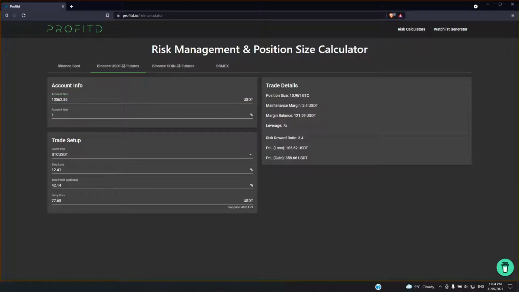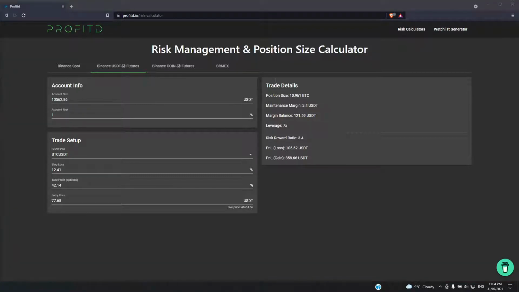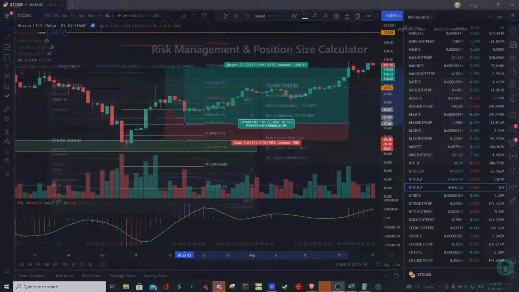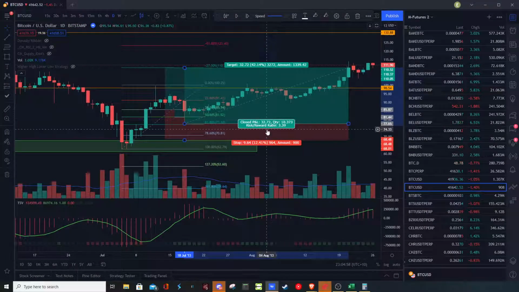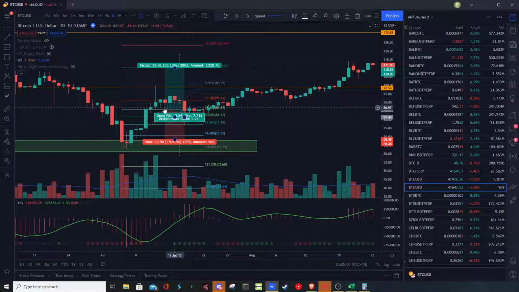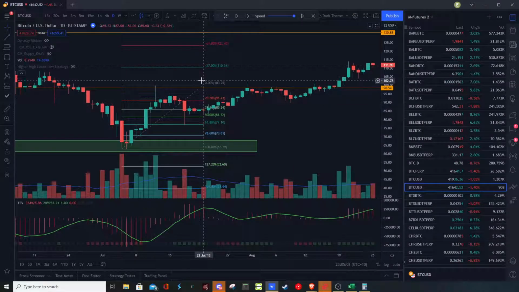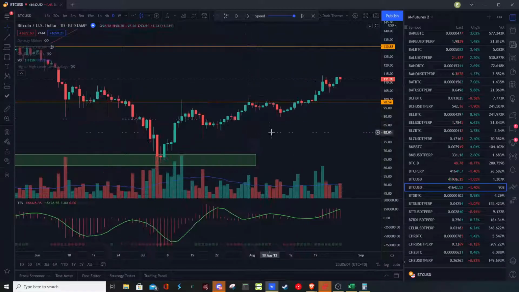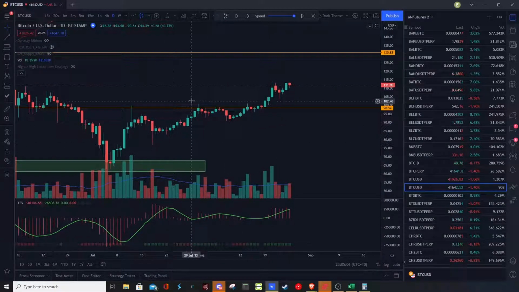So that's our next position size. Okay, so yeah, we've got higher high, higher low, higher high, higher high, higher low.